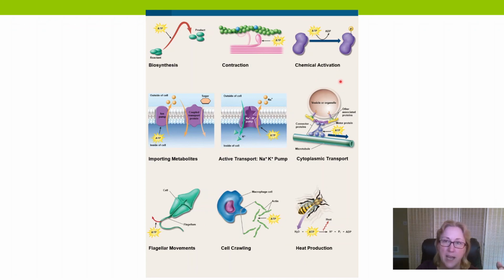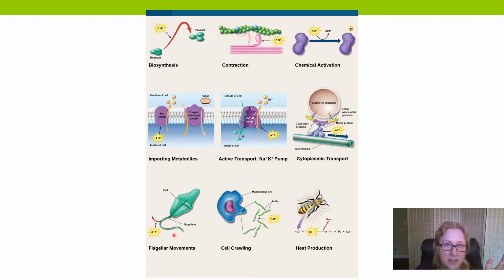That's a downhill reaction for it to release one of its phosphates and have it attached to something else. Transporting things across membranes. So if we have a concentration gradient that we've used ATP to build, we can use that concentration gradient for co-transport. There's this active transport that we talked about already.